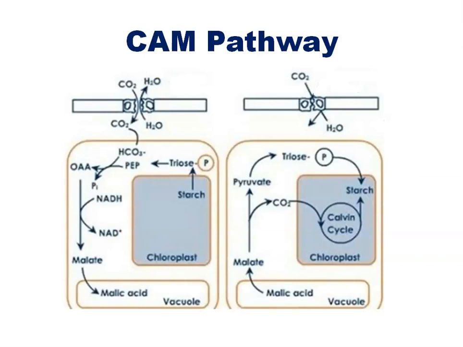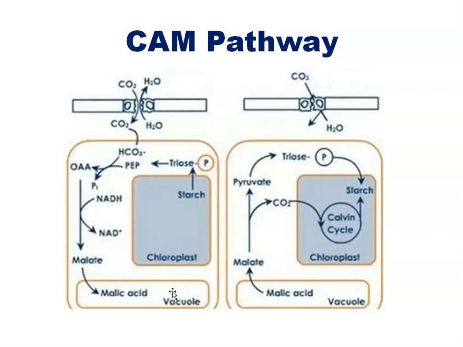Here first, phosphoenol pyruvate is there. When carbon dioxide enters in the presence of PEP carboxylase, oxaloacetic acid is formed. You can see here in this. Then malate, as malic acid, is stored in the vacuoles.